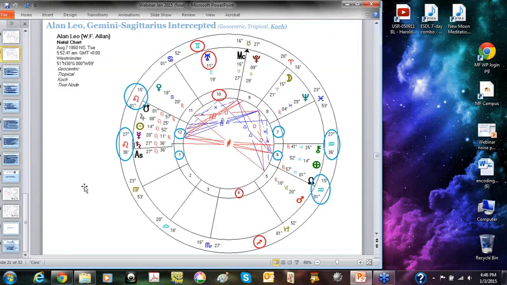Okay, so you see how on every cusp there's always a sign. If you find that there is a sign in the middle between the cusps, like here, you know that that particular sign is intercepted. The same thing up here, between the 9th and the 11th house.